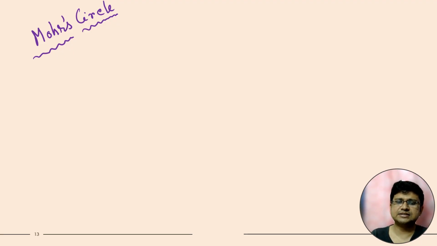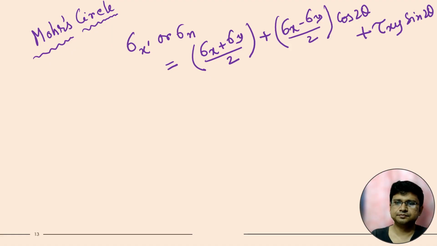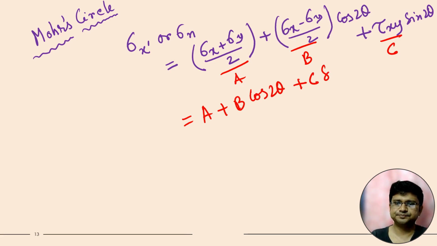Now we know the equation of normal stress, sigma x dash or sigma n, for any particular angle: sigma x plus sigma y by 2 plus sigma x minus sigma y by 2 cos 2 theta plus tau xy sin 2 theta. Let us consider these as A, B and C. So it will be A plus B cos 2 theta plus C sin 2 theta.